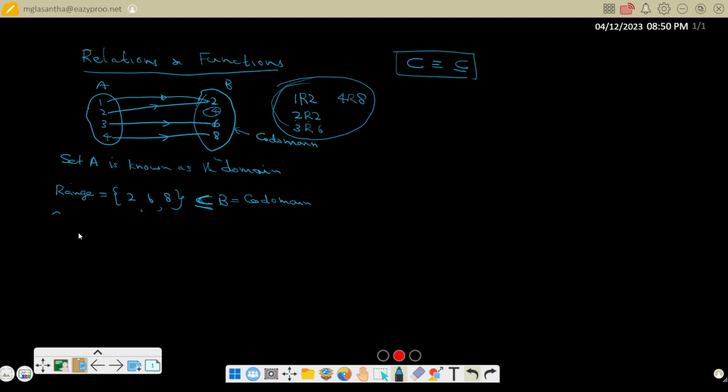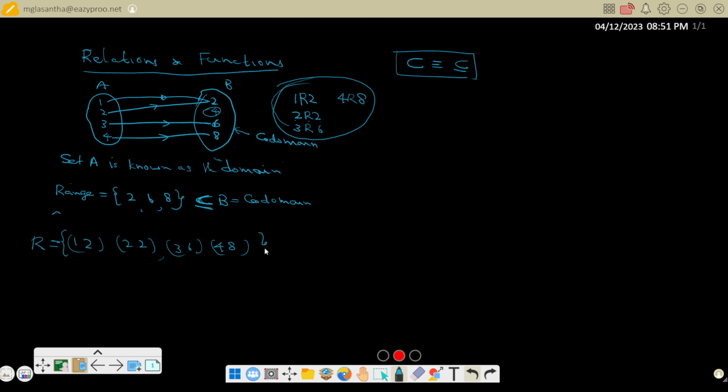You can represent the relation like this: (1, 2), (2, 2), (3, 6), (4, 8). So for this relation R you can take a set.